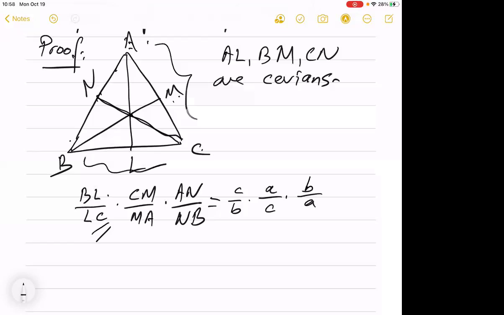When you multiply them, they are positive numbers, and you get 1. So by the converse of Ceva's theorem, they are concurrent. Therefore AL, BM, and CN, these angle bisectors, are concurrent.